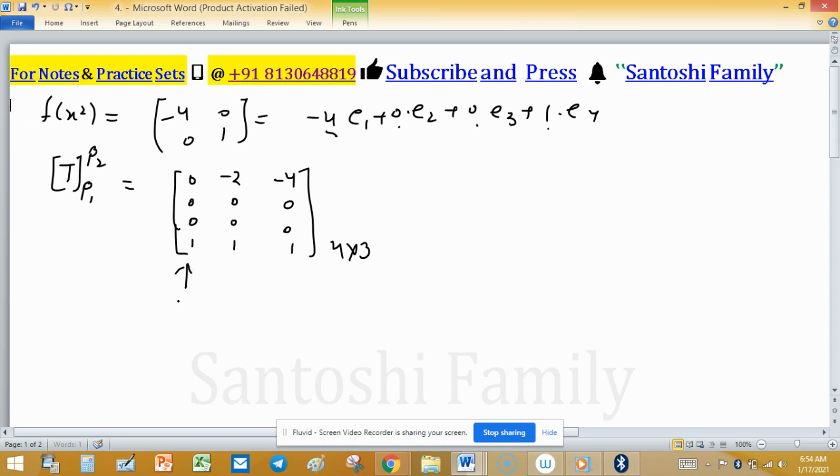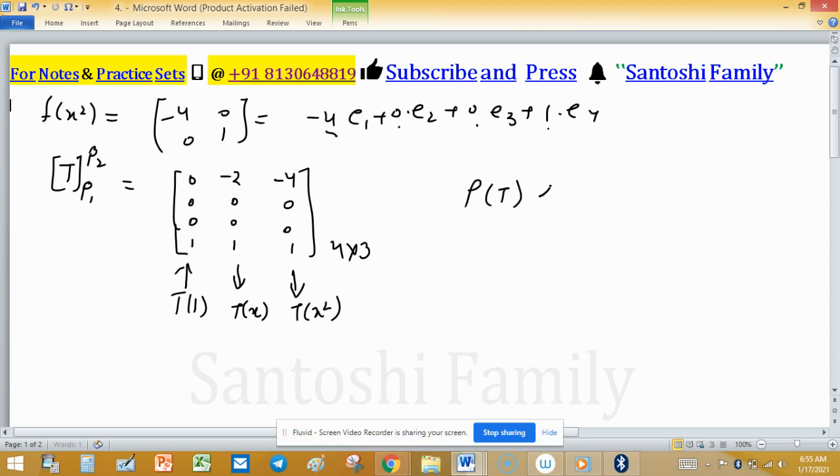This is T(1), this is T(x), and this is T(x square), giving the coefficients of the linear combination of beta 2.